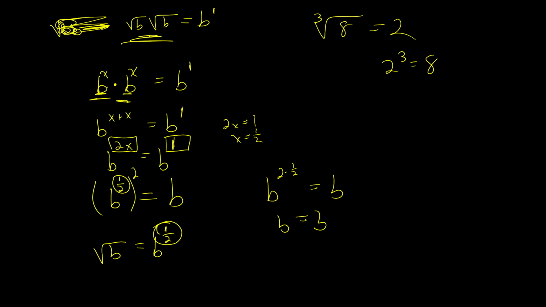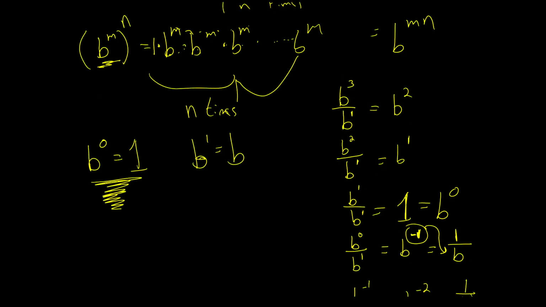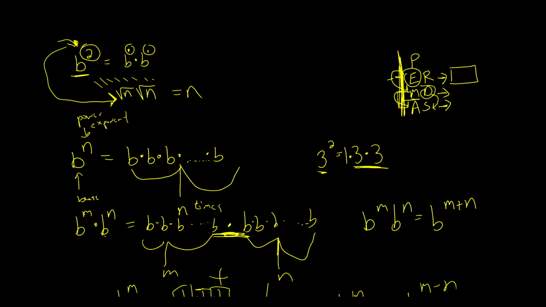And so that means these rules that we built work for roots also. And that means rather nicely that exponents and roots are the same things of each other. In fact, they're inverses of each other. And so our patterns we've been using the whole time hold up for us.